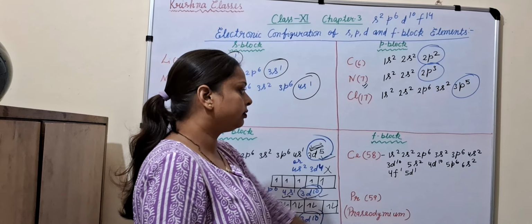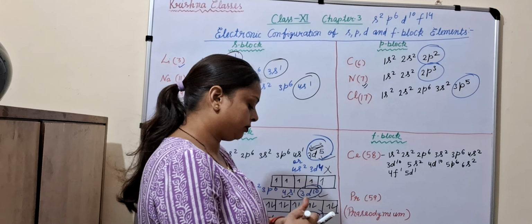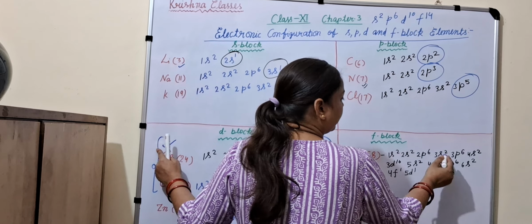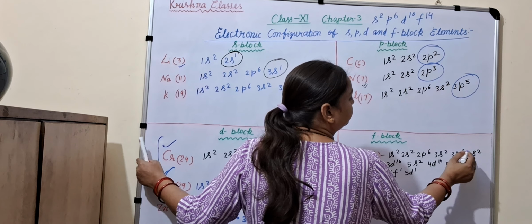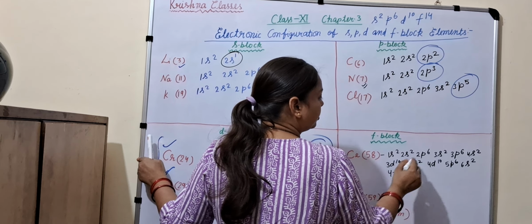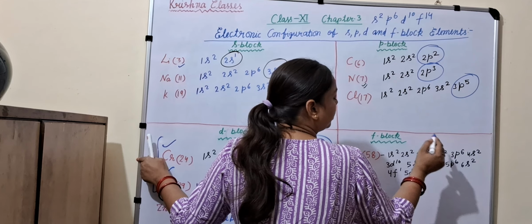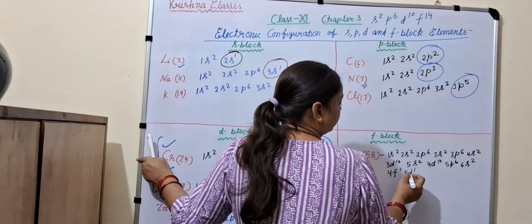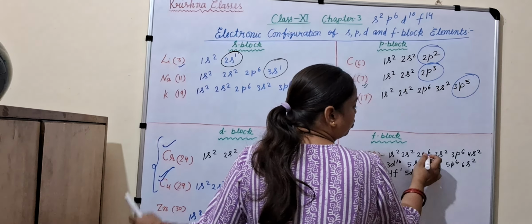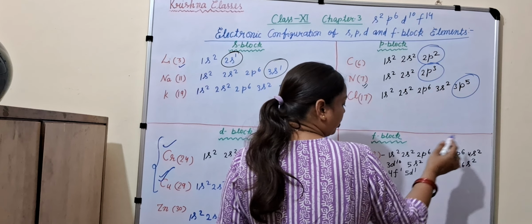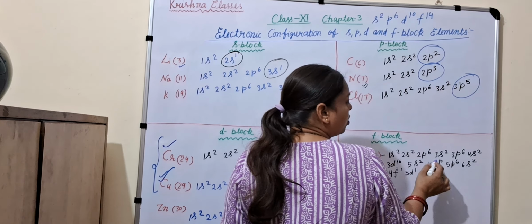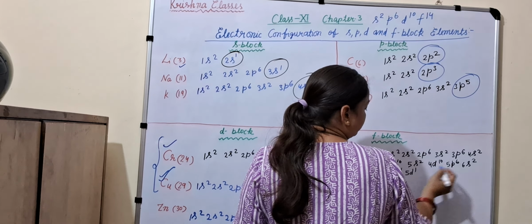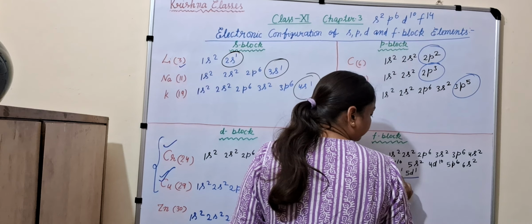Let's check the electrons of cerium: 2, 4, 10, 12, 18, 20, 30, 32, 42, 48, 50.